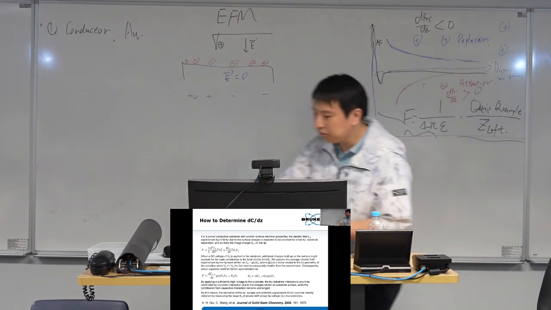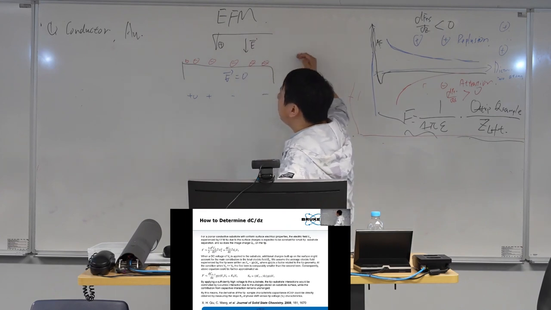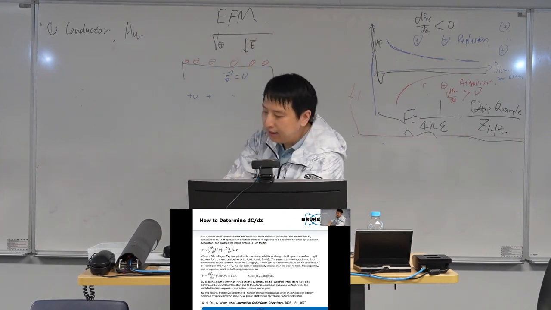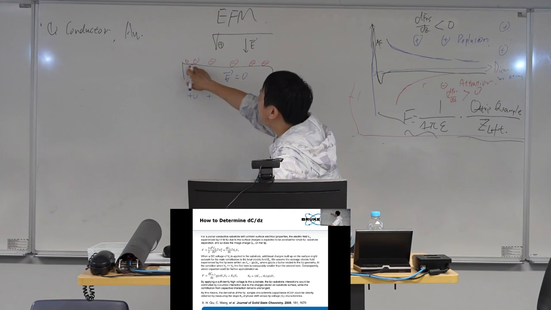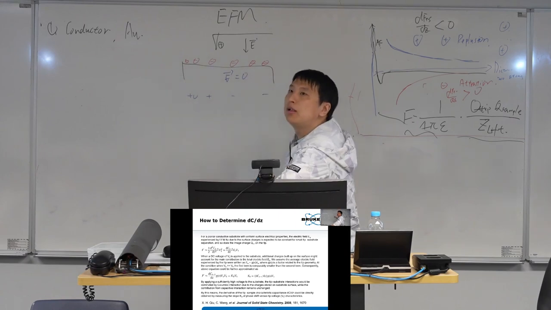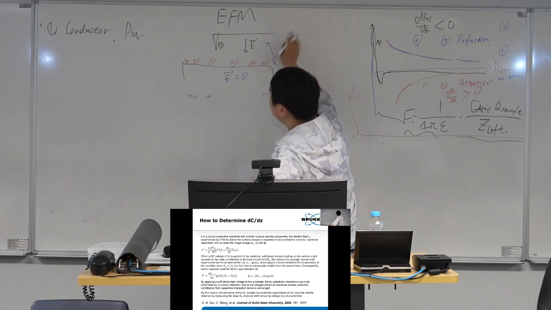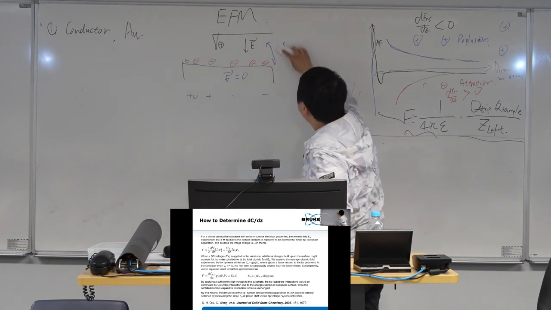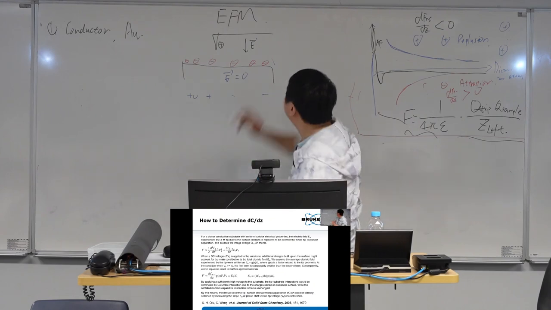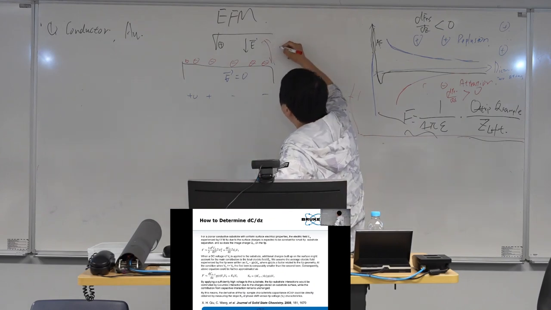Quite easy. But the probe is on top of the gold. It will sense the negative charge from the surface. What will happen? It will sense the attraction. I'm sorry, in my way, attraction is red. It will sense the attraction.